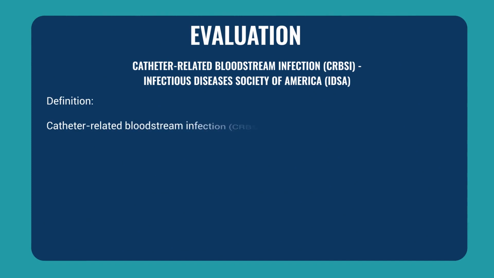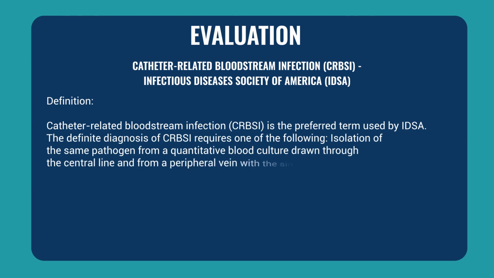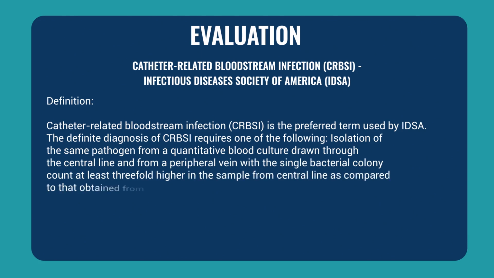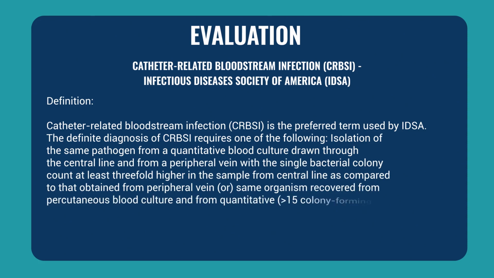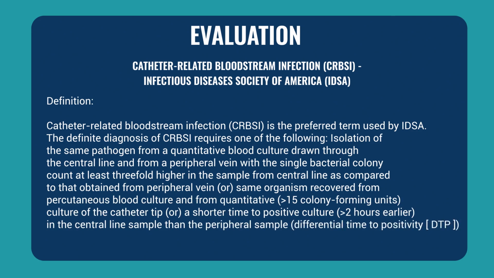The definite diagnosis of CRBSI requires one of the following: isolation of same pathogen from a quantitative blood culture drawn through a central line and from a peripheral line with a single bacterial colony count at least threefold higher in the sample from central line as compared to that obtained from peripheral line, or same organism recovered from percutaneous blood culture and from quantitative culture of catheter, which should be more than 15 colony forming units, or a shorter time to positive culture in a central line sample than the peripheral sample, that is differential time to positivity, at least 2 hours earlier in the central line sample.